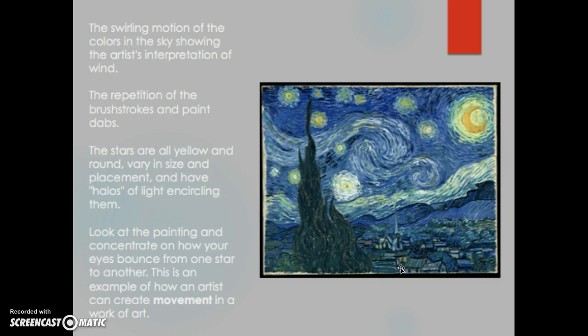Concentrate how your eyes bounce from one star to another. It's the movement of the viewer's eyes, the way the artist makes the viewer's eye move. That includes movement as well.